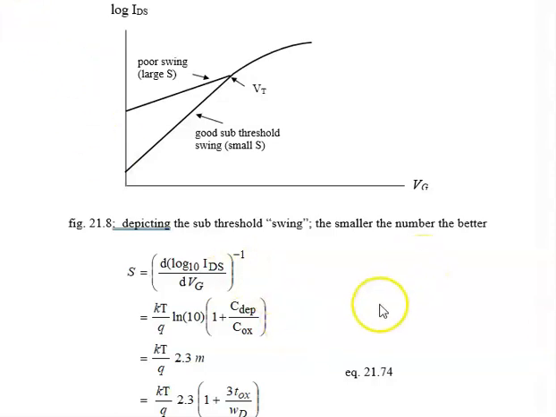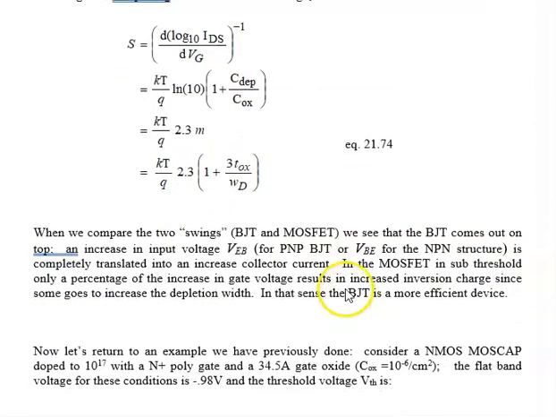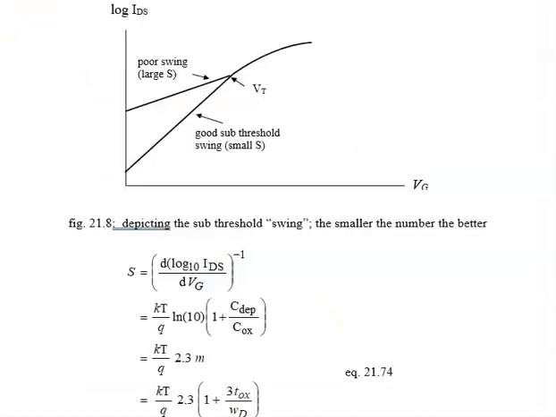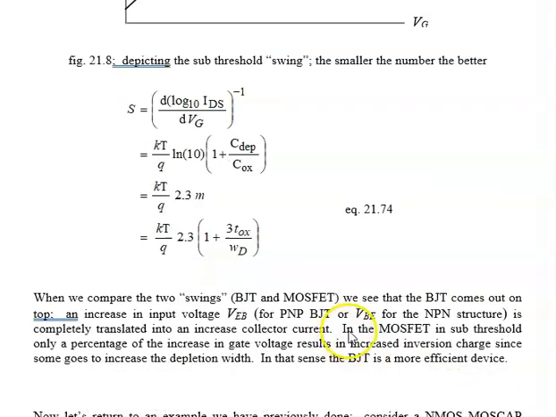So just to summarize here, this sentence is important. In the MOSFET, in weak inversion, in subthreshold operation, only a percentage of any increase in gate voltage results in increased mobile inversion charge.